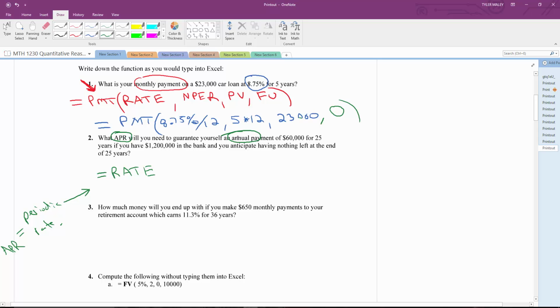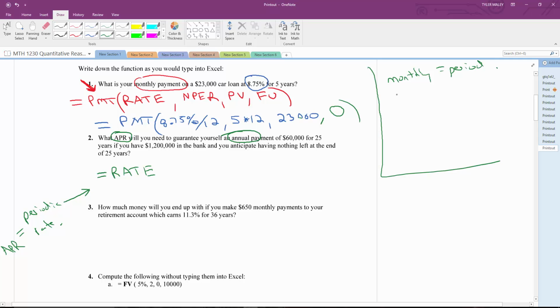If this was a monthly payment, I would have to use this rate function to figure out the periodic rate and then multiply by 12, because I'm doing the opposite, right? I know the periodic rate, and if I know there are 12 periods in a year, then if I took 12 times the periodic rate, I would get the annual percentage rate. So let's say we have a scenario where our payment is monthly, our period is monthly.